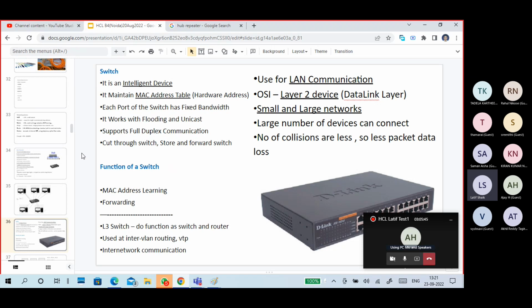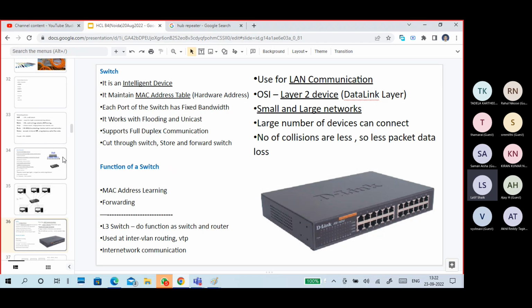A switch is an intelligent device. It can understand the MAC addresses of the devices. A switch is also used for LAN communication. As per the OSI layers, it is a layer 2 device, the data link layer. A switch is used for both small and large networks, but LAN networks only.